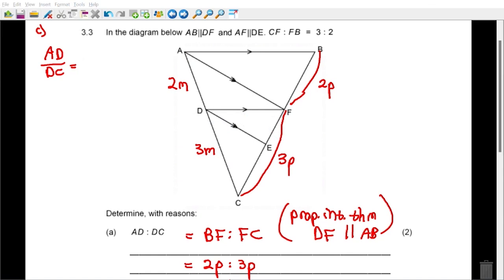Maybe it'll just be helpful if I highlight that. I'm using this parallel line here and this parallel line. AD to DC is the same as FE to EC. Okay. But I know that AD to DC is 2 is to 3.